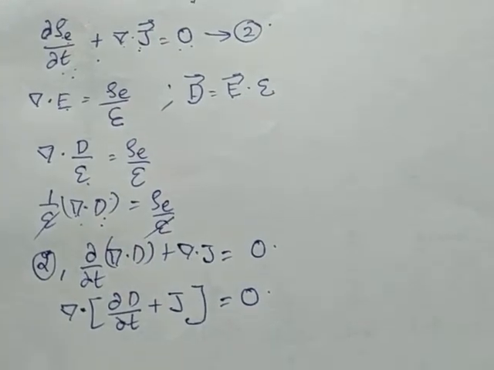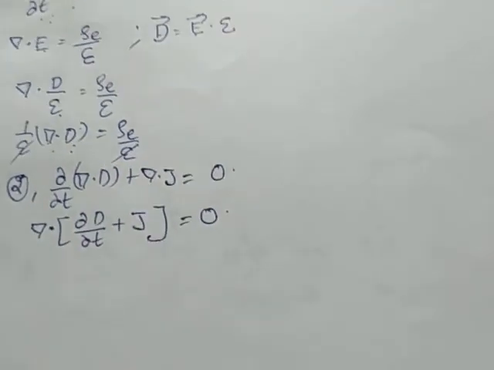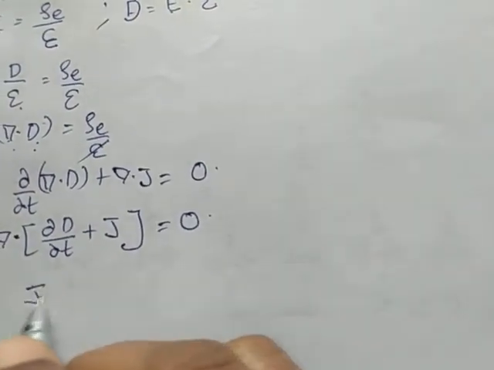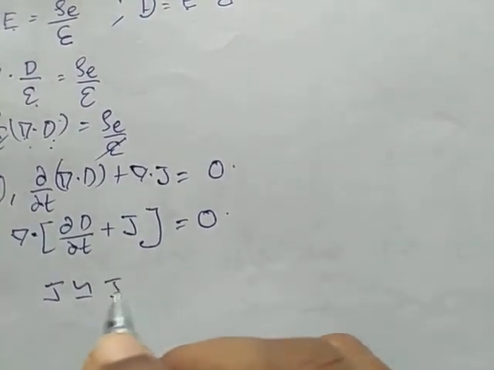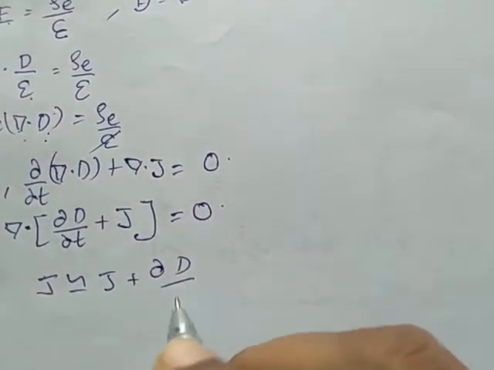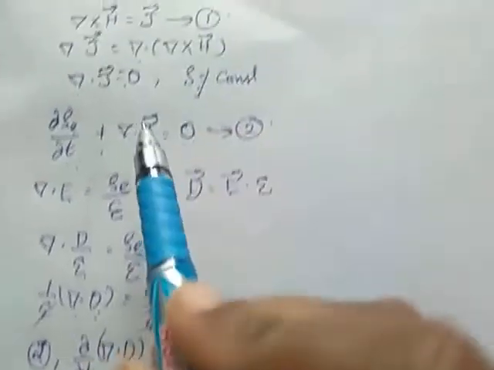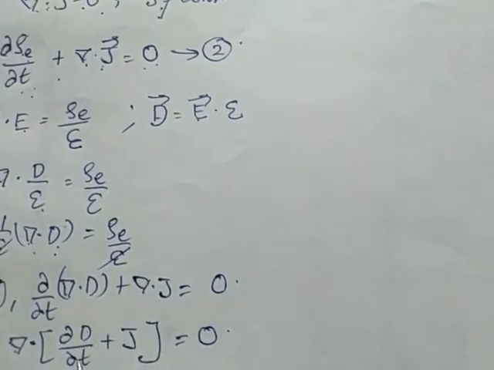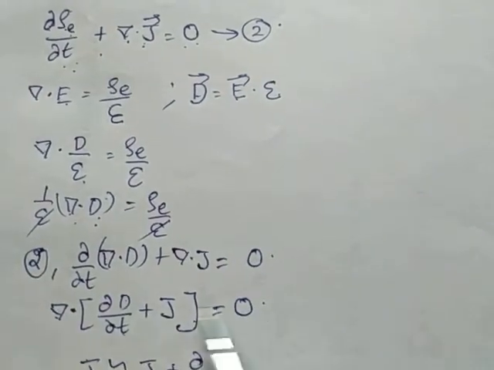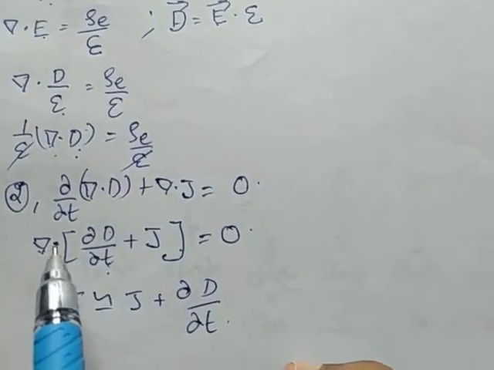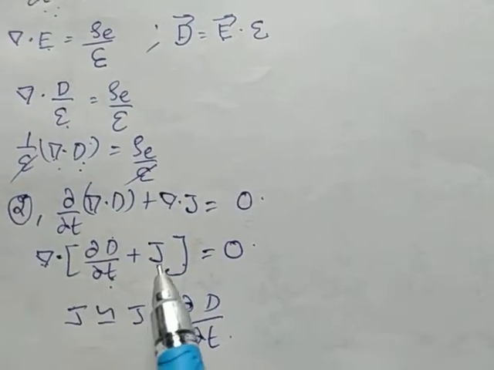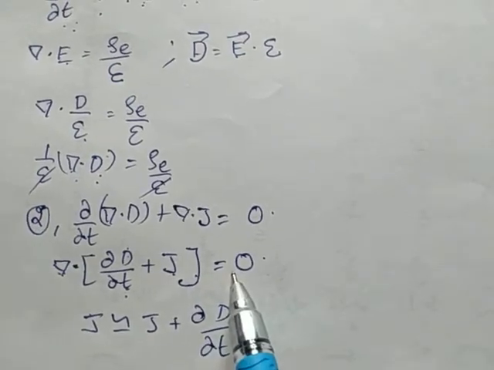So this implies J is approximately replaced by J plus dou D by dou T. See, here we have del dot J is 0, but here we have del dot of dou D by dou T plus J is 0, right?